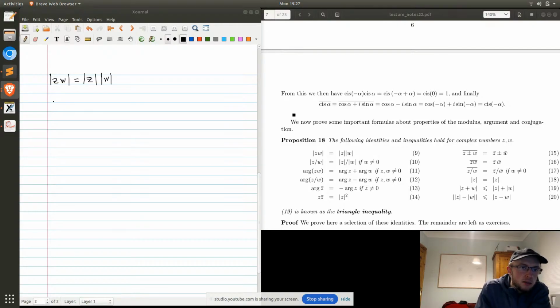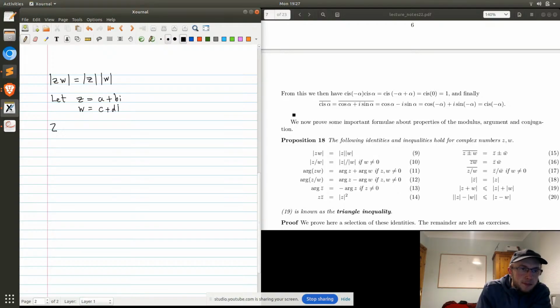All right, so how am I going to think about this one? Well, by definition, we'll think about what the definition of the modulus of their product is. Okay, so first let's say that z is a plus bi and w is c plus di.